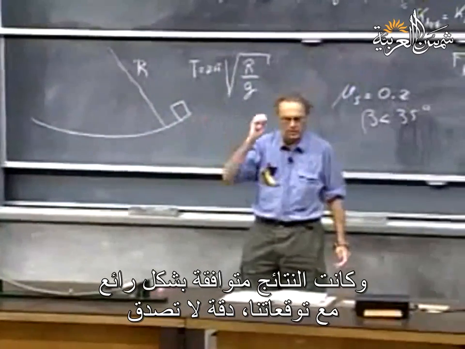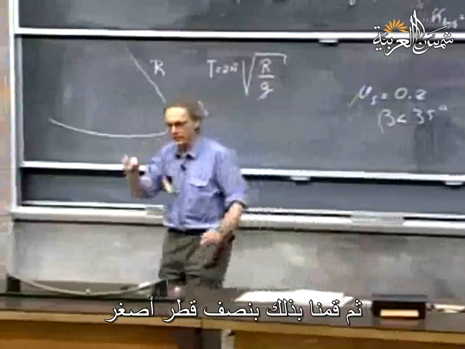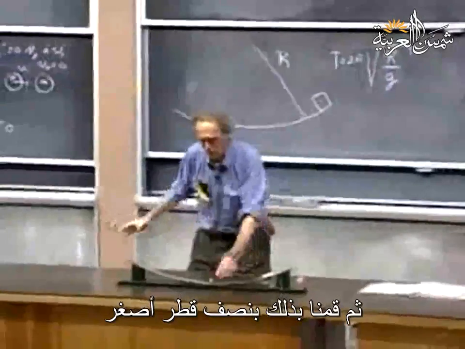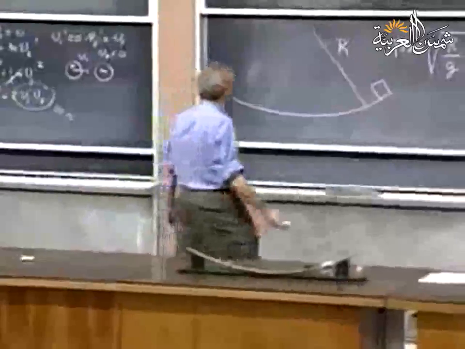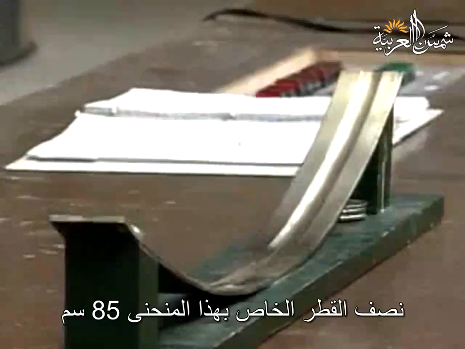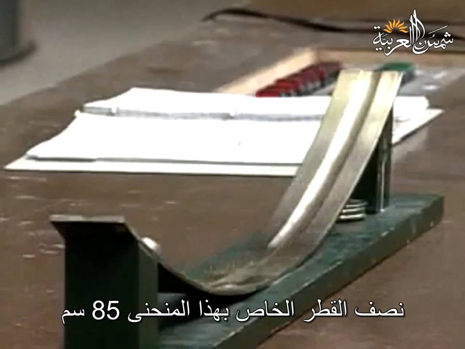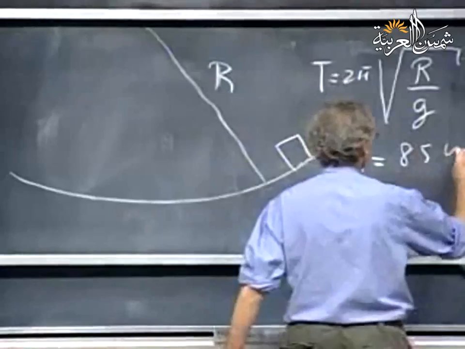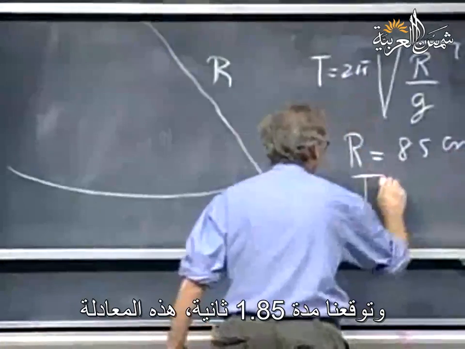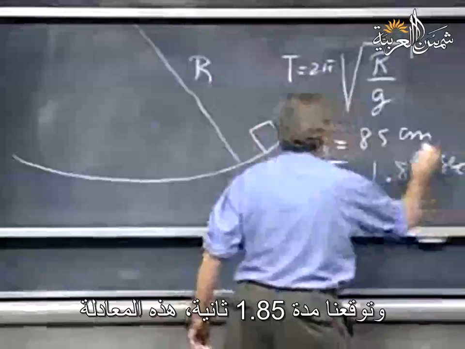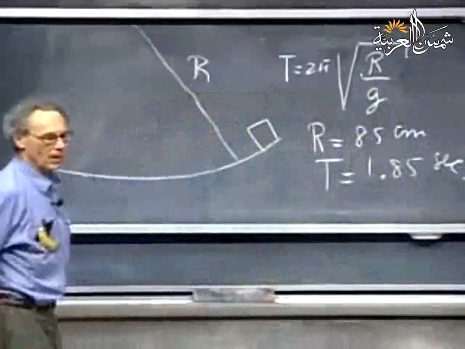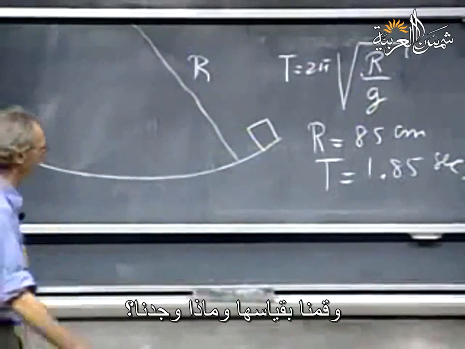An unbelievable accuracy. And then we did it with a smaller radius, with a ball, a rolling ball. This one. The radius of that curvature was 85 centimeters. And we predicted a period of 1.85 seconds, using this equation. And we measured it. And what did we find?